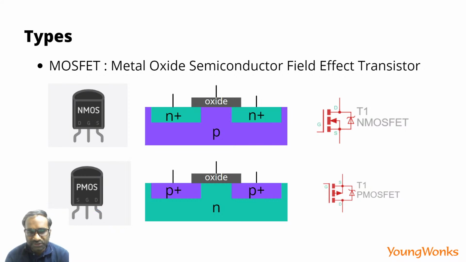So they're very similar to the collector, base, and emitter. Whenever a voltage is applied to the gate, this affects the semiconductor materials, and a small channel is created from the source to the drain, and through that the electrons can flow.